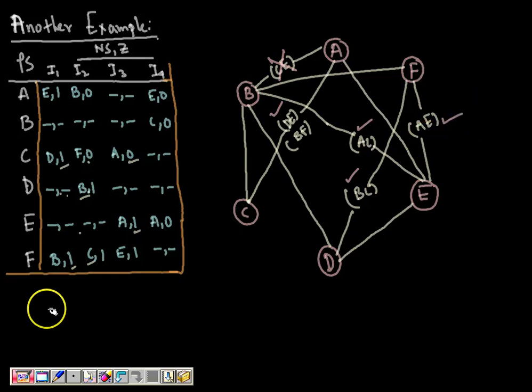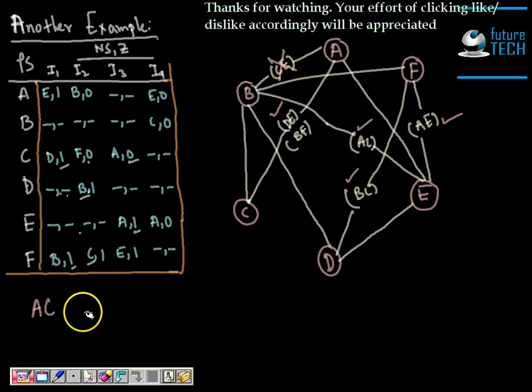So now we need to list the compatible state pairs. Now AB is not compatible, AC is compatible. Now AD is not compatible, AE is compatible, so AC, AE. Now BC is compatible, BD is compatible, BE is compatible, BF is also compatible.